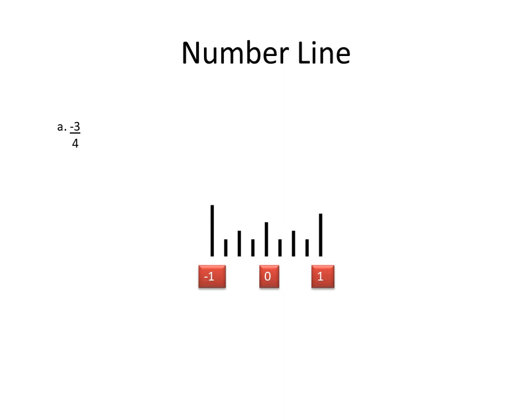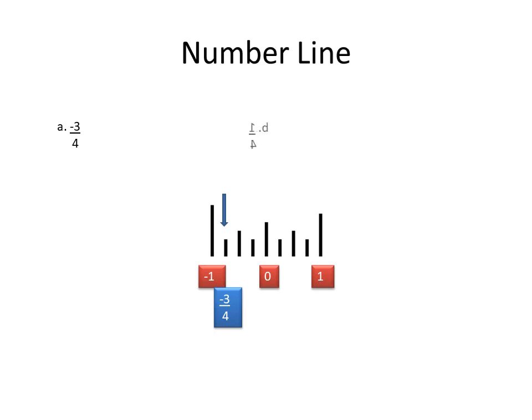As we do in integers, when you have a negative number, we will move from 0 towards left. In the same way, if you have a negative rational number, you have to move towards the left. How many steps you need to move, children? 3 steps, because the numerator is 3. So it falls here. This is the position of -3 by 4.